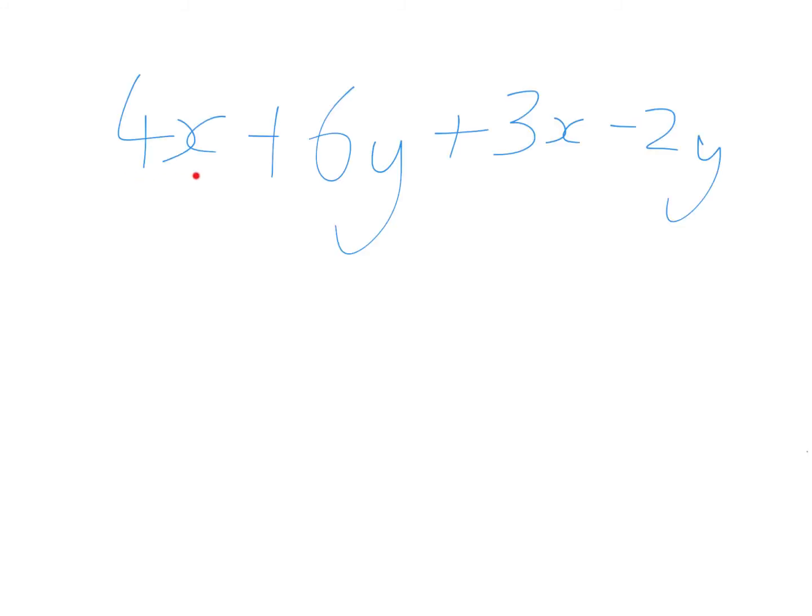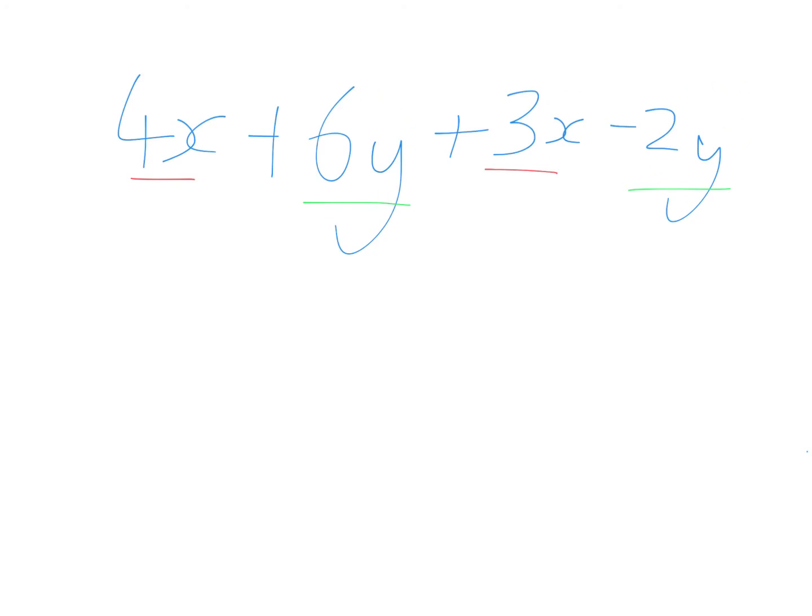So now we're going to look at a question that's kind of similar to the last question we looked at with the apples and bananas. So we're going to have 4x plus 6y plus 3x minus 2y. You can see here we have terms that have x's in them and terms that have y's in them, just like before, we had terms that had apples and terms that had bananas.